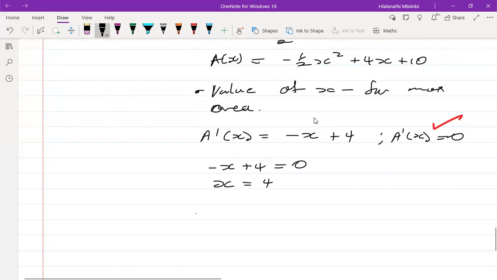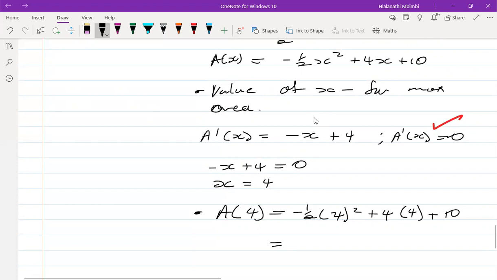Now the last question, which is C, says we must find that maximum area. So we just put the value of x that would give us a maximum area over there, and then we calculate. Guys, I think this is actually not bad, is it? Can you please substitute that for me and calculate it?